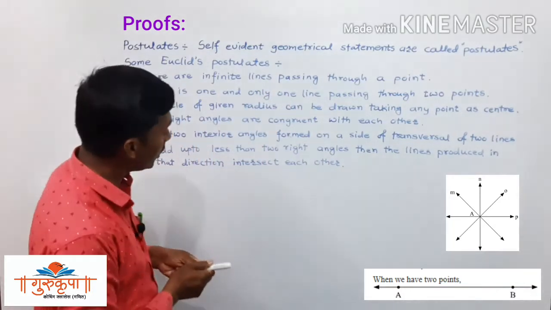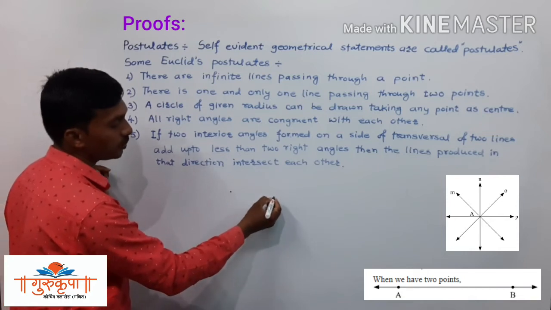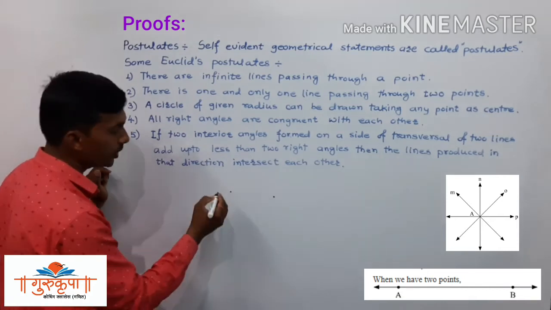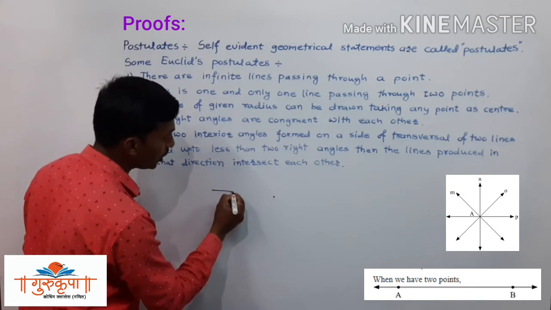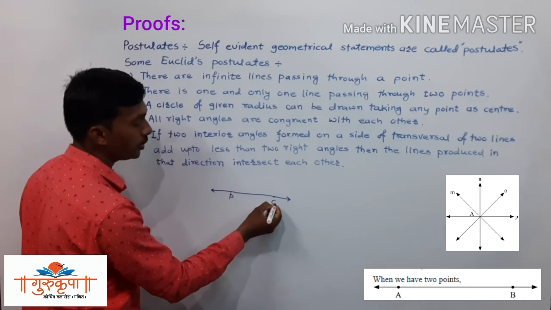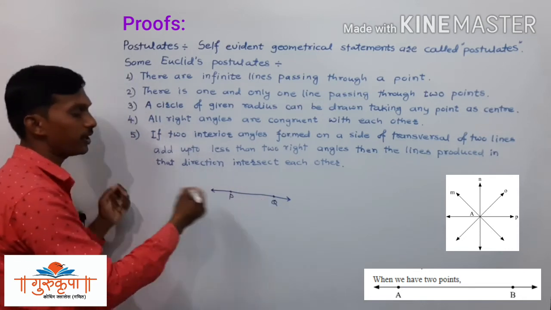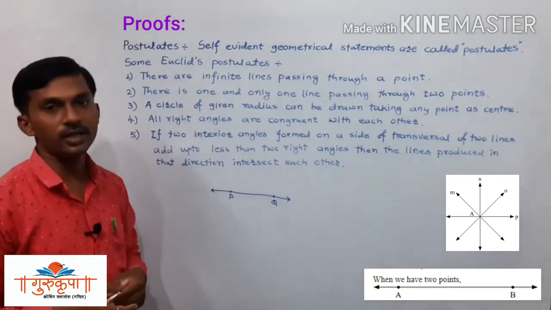But actually, if we take two points here, this is one point and this is another point, then we can draw one and only one line passing through these points. So these are the points P and Q. From these two points P and Q, we can draw one and only one line.